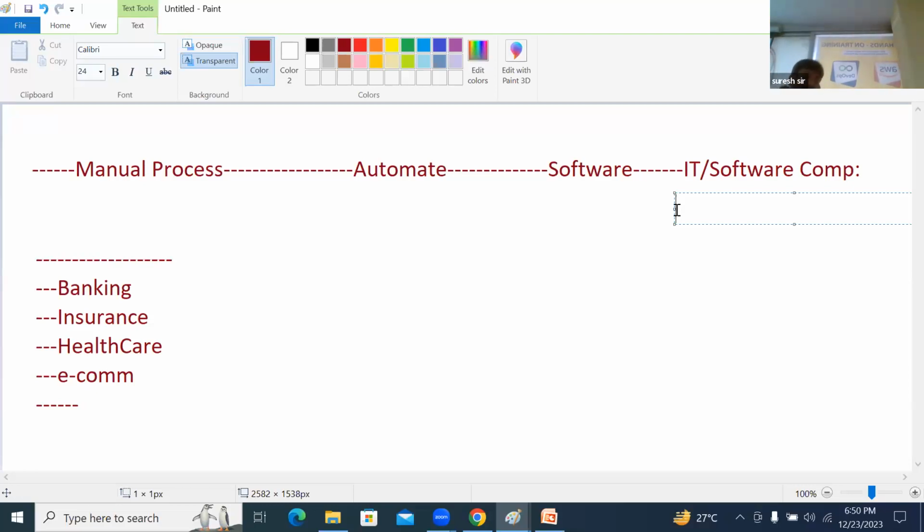Now, my question is, rather than explaining your requirements to each and every company, is there any alternative option we can follow? What is it?